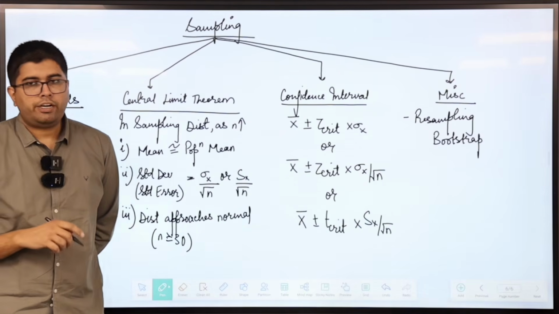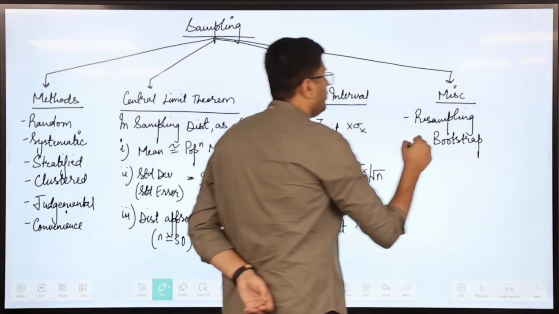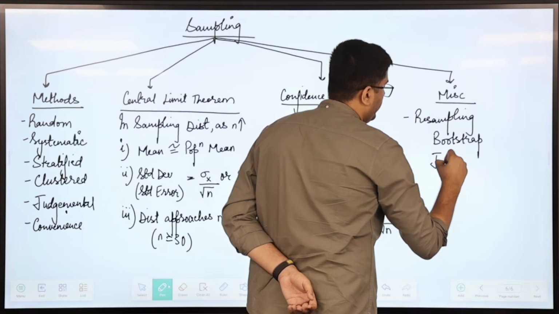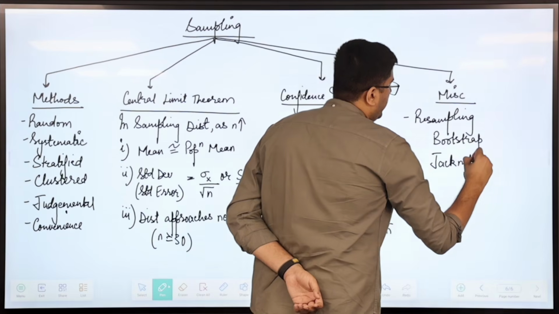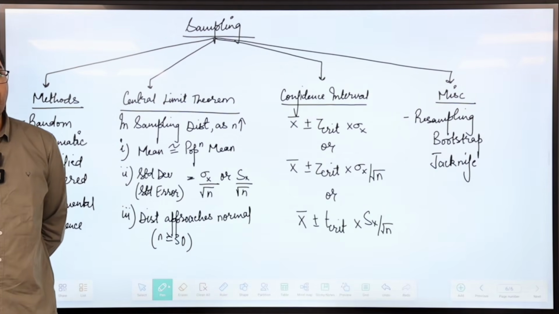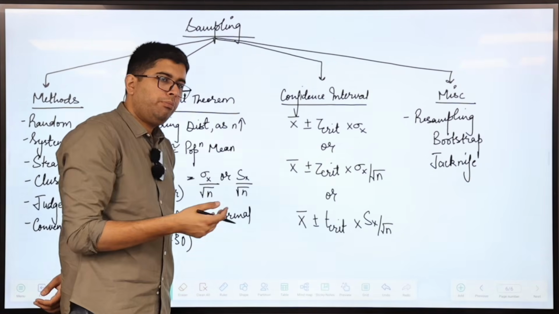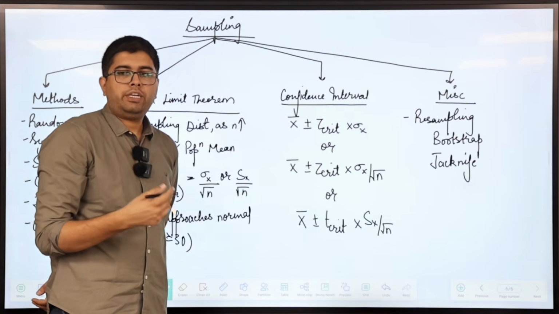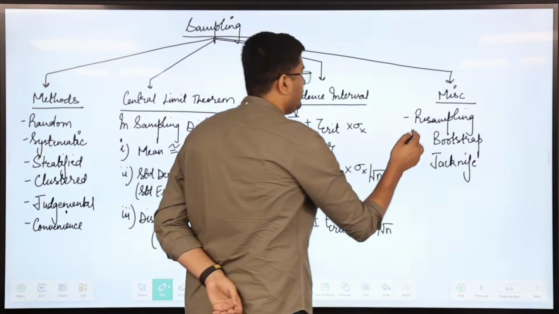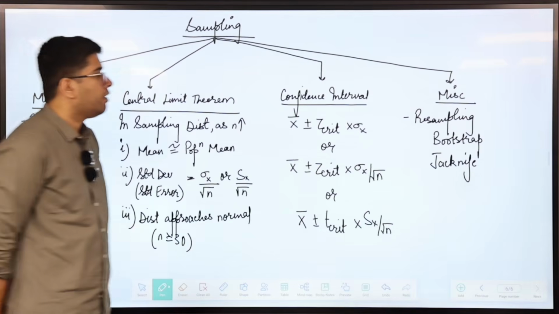This can be calculated using the formula for combination. Then we have an easier technique, jackknife. It is easy to implement because every time you simply remove one value from your old sample to create a new sample. Jackknife technique is easy to implement, but it is not computationally as accurate. Bootstrap is more accurate, but it is computationally demanding.